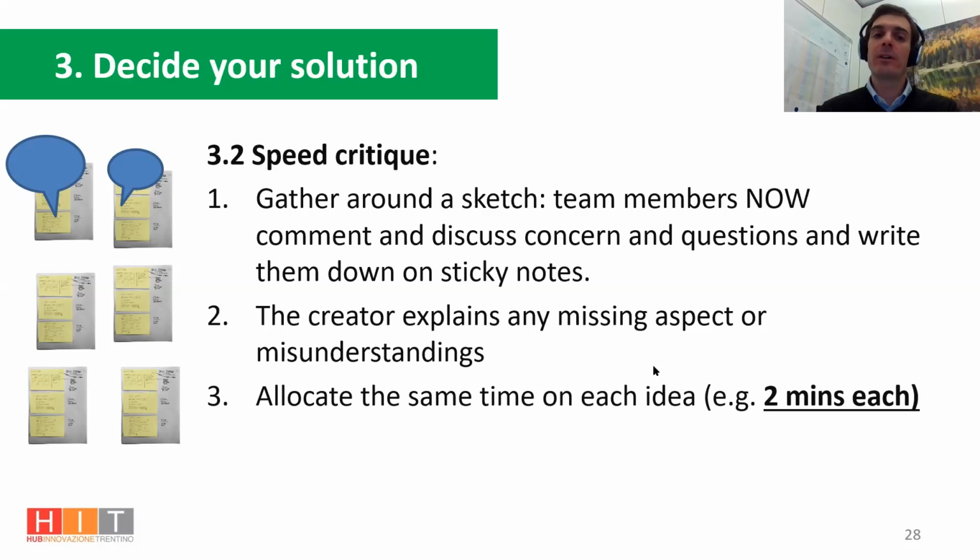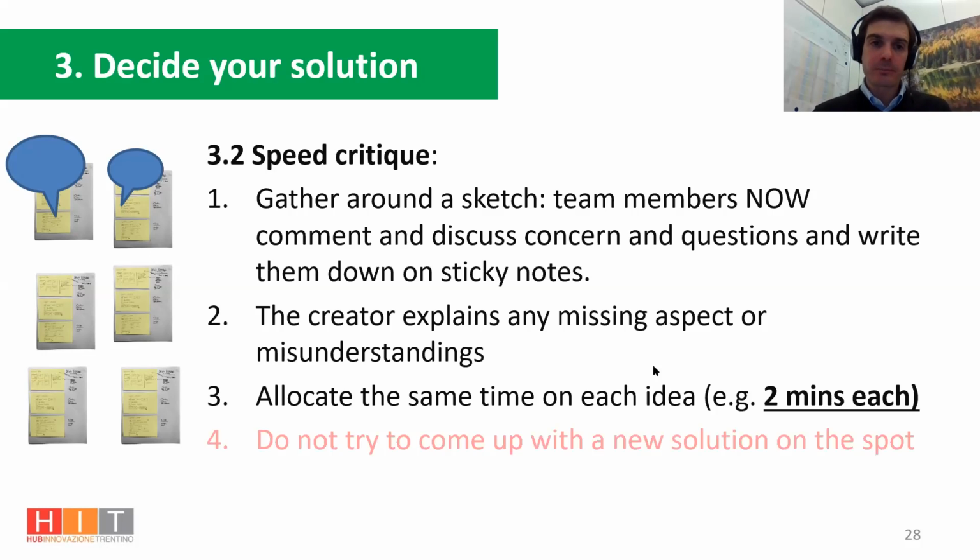So if you have 20 minutes, which is most likely for the speed critique, and you have 10 ideas to go through, then you will have to allocate 2 minutes per idea, okay? And of course, you're not expected to come up with new solutions on the spot here. You just want to discuss the ideas, okay?